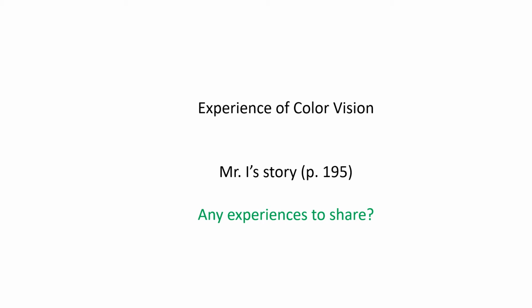He does become an artist that deals solely in blacks and whites and shades of gray. He eventually gets over some of this depression that was caused by his loss of color vision, but you can imagine how hard that must be, especially given his background.